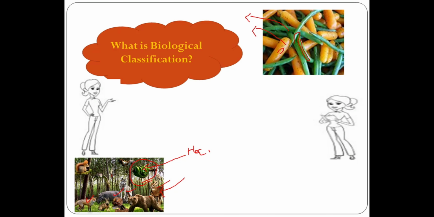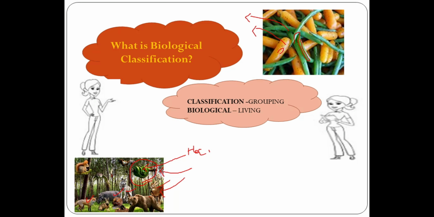So you are making a separation in this living group, and this is nothing but biological classification. What is biological classification? It is nothing but grouping of living organisms based on their similar and dissimilar characters.